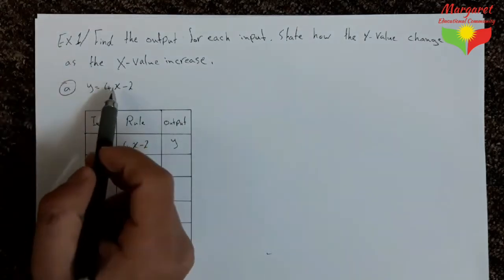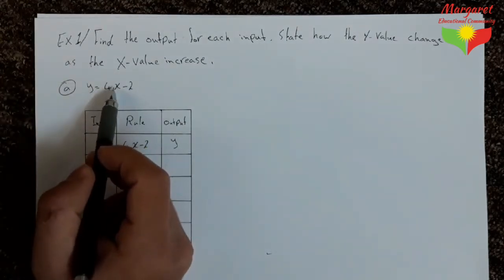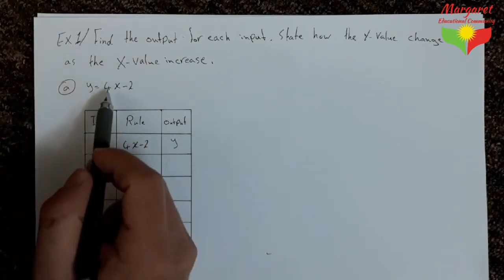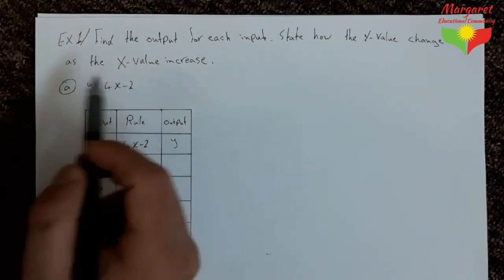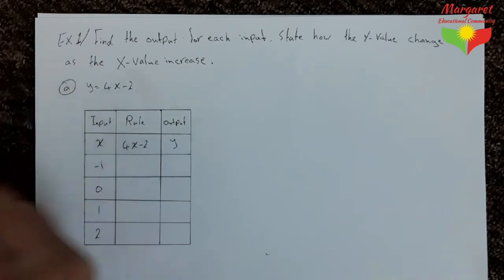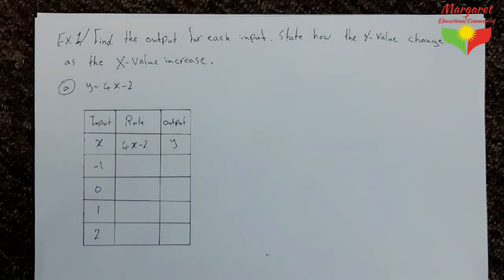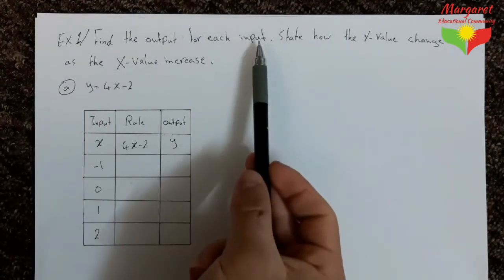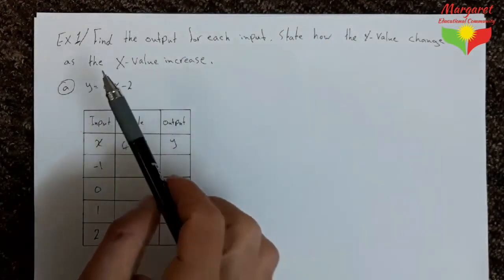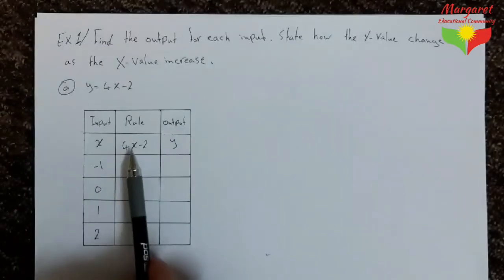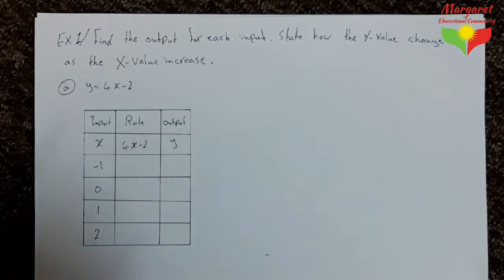ئێمە ئەزانین کە ئینپوتەکەمان بریتیە لە x و ڕێسای نەخشەکەمان بریتیە لە 4x ناقص 2 و هەروەها ئاوتپوتەکەشمان بریتیە لە y. And we say that to find the output, substitute each input value into the function rule. بۆ دۆزینەوەی output هەر یەکێک لە ئینپوتەکان دائەنینەوە لە ناو ڕێسای نەخشەکەمان کە بریتیە لە 4x ناقص 2.